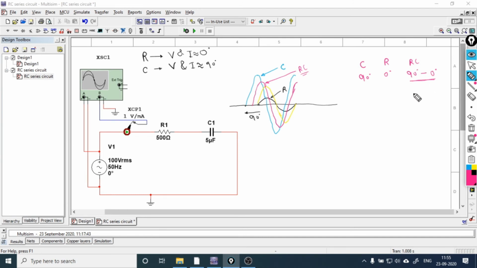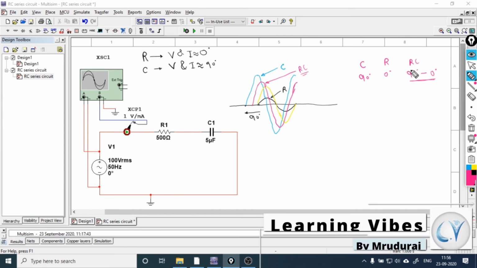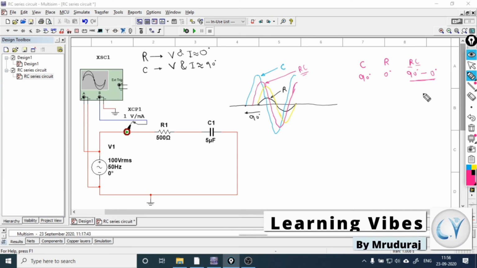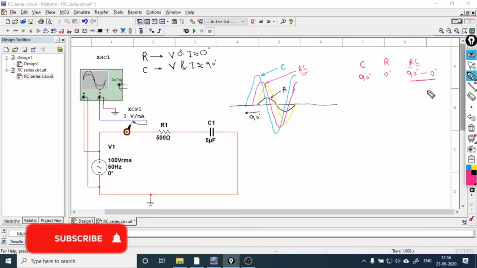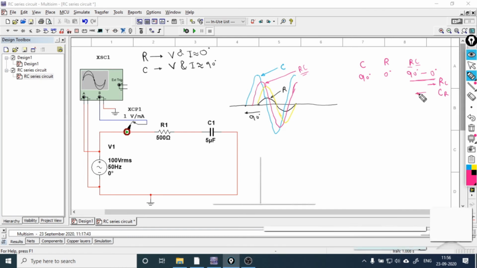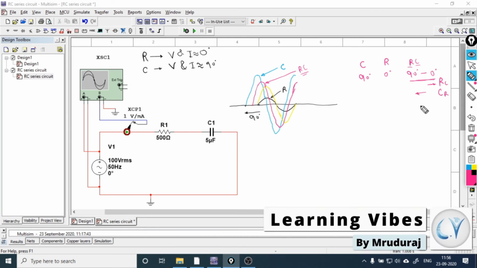The degree of current's leading depends on the values of R and C. When the circuit is more resistive than capacitive, the leading of current is nearer to 0. But when the circuit is more capacitive and less resistive, then current leads voltage and the leading angle is towards 90 degrees.